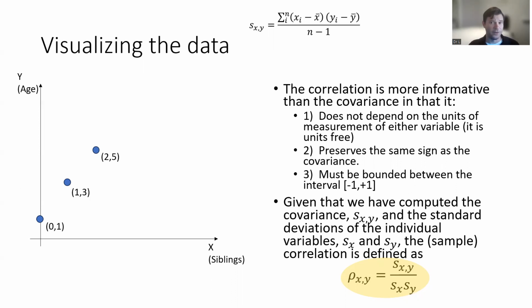So it doesn't matter if you're using the population formulas or the sample formulas when you compute the correlation metric. And let me go ahead and move that to the top of the screen.